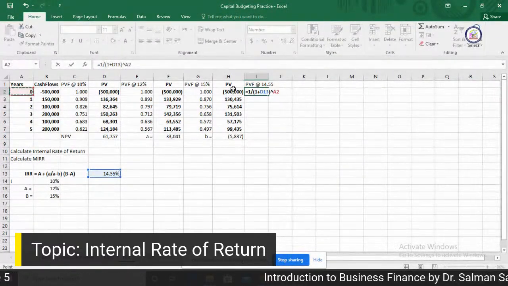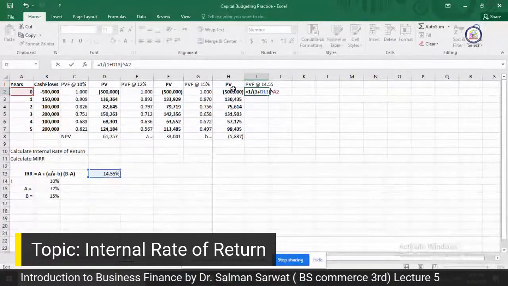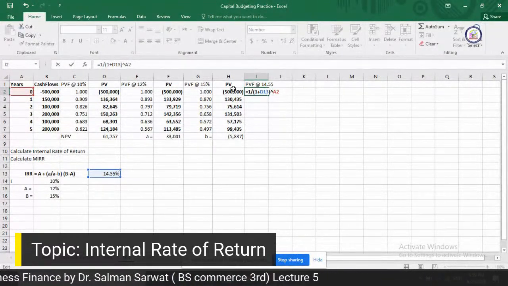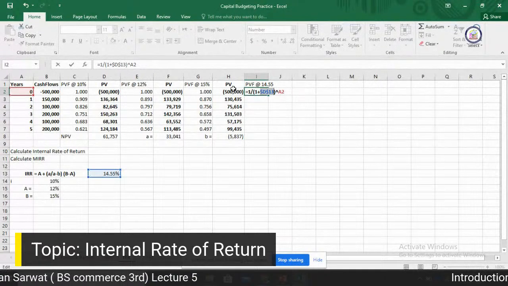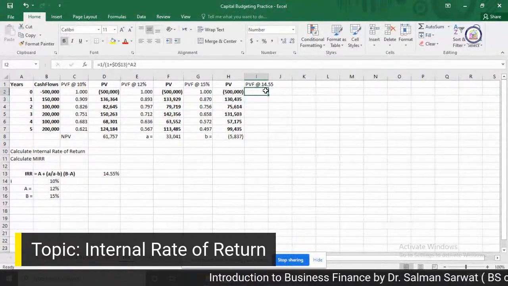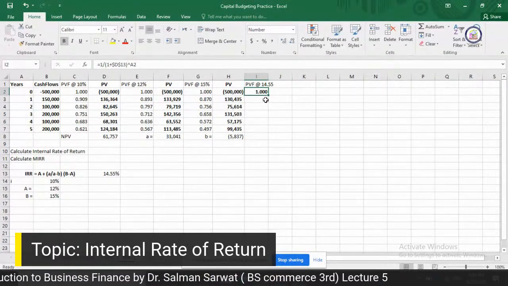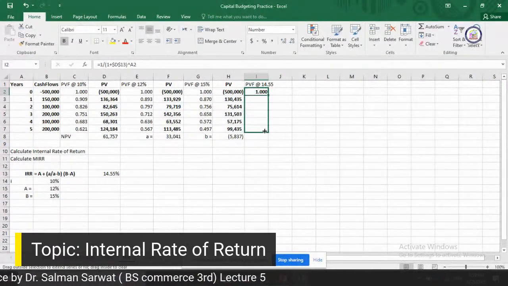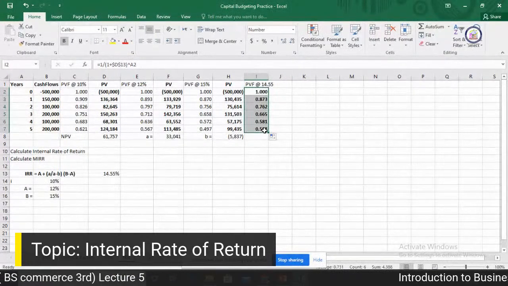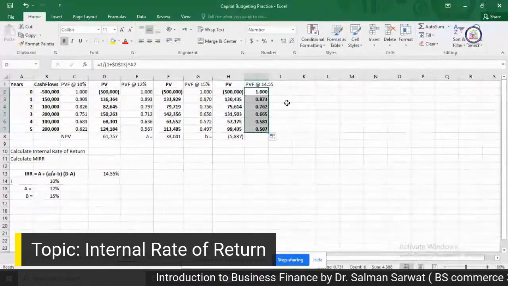Let's lock the IRR cell. We have locked that cell. Enter. We keep the value to 3 decimal places, and we will drag down the formula.